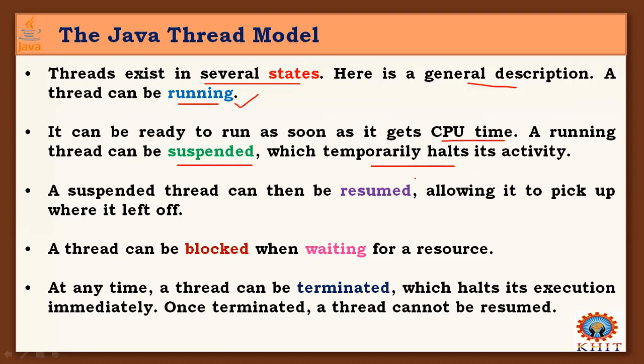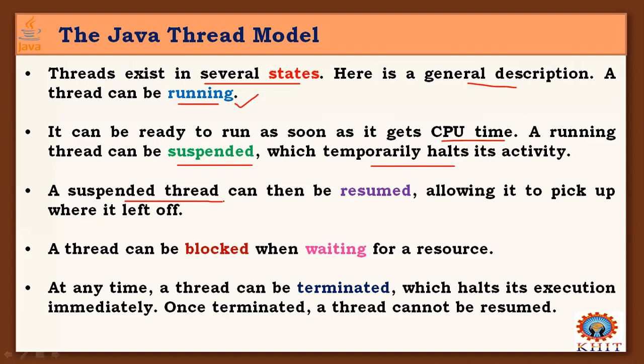Suspended means, as I told you in the previous example, when a program needs an IO operation to read any input data from the user, then automatically the program execution stops temporarily, called suspended, and it sends the control to the IO device for reading the input data. Why? Because only after reading the input data will the next instruction execute. So that is one of the states of the thread: suspended.